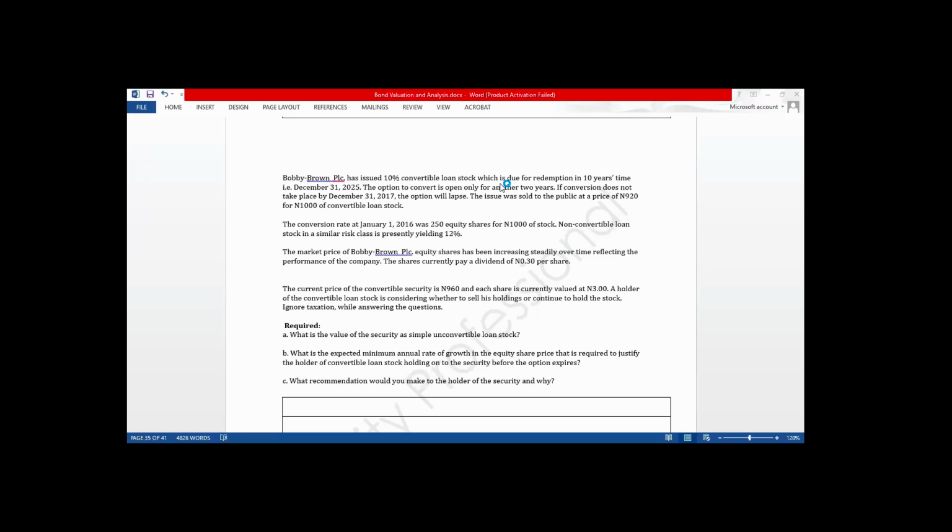So if you are required to value a bond issued by the government, you use the government spot yield curve as the discount rate for the valuation of the bond.